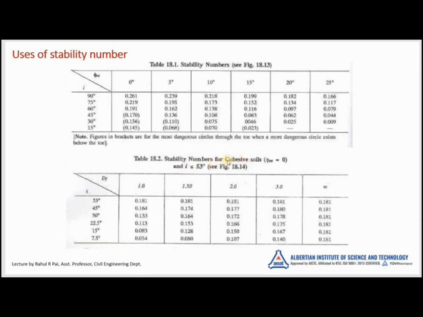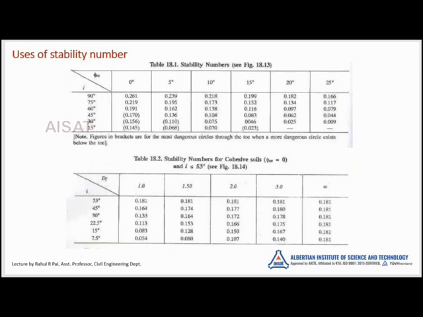Another chart is given for purely cohesive soil, that means phi m is 0. Here the slope angle is determined in terms of the depth factor. So you find the depth factor, and for the corresponding depth factor, what is the stability number for a selected slope angle. These are the two very important stability charts from which you can find the stability number for a c-phi soil as well as for a cohesive soil, that is phi is 0.